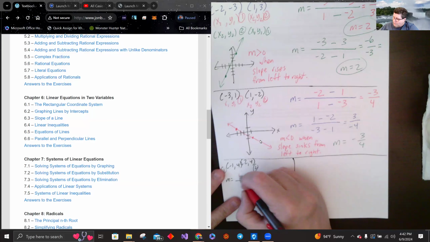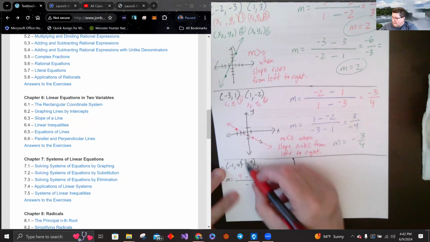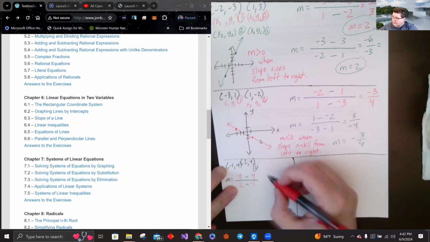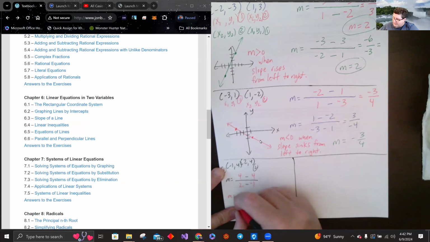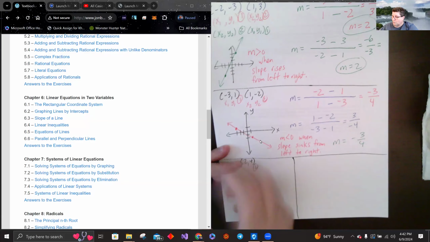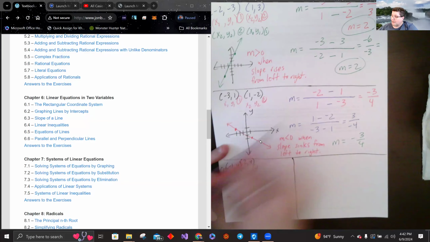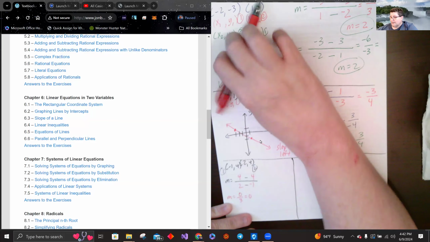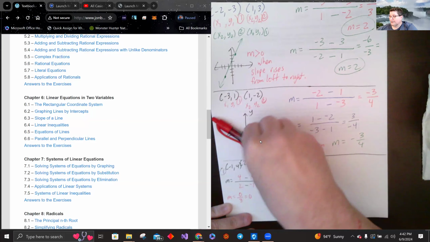Y2 is 4, Y1 is 4, X2 is 2, X1 is negative 1. I get 0 over 3, which is just 0. What does that mean? Positive slopes go up, negative slopes go down.